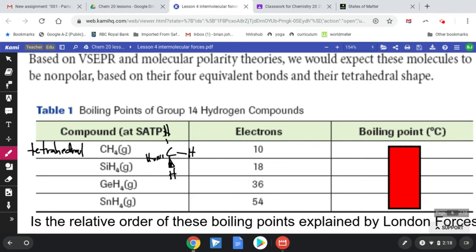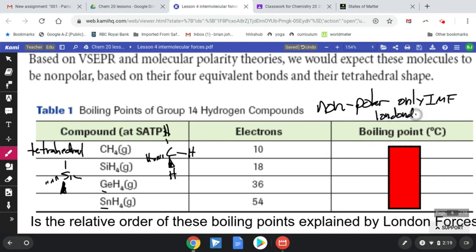Okay, CH4, SiH4, exact same thing, except it's silicon in the center, and germanium in the center and tin in the center. So shape doesn't affect these. They're all nonpolar. So the only intermolecular forces they have are London dispersion.